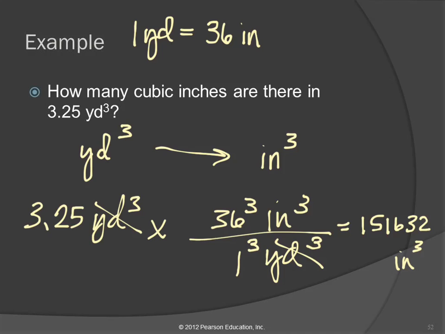Okay. Now, does that mean that if we measured 3.25 cubic yards, we would know it to the nearest cubic inch? No. We need to round based on our rules of significant figures. How many significant figures should the answer have? It should have 3. So is it 152?